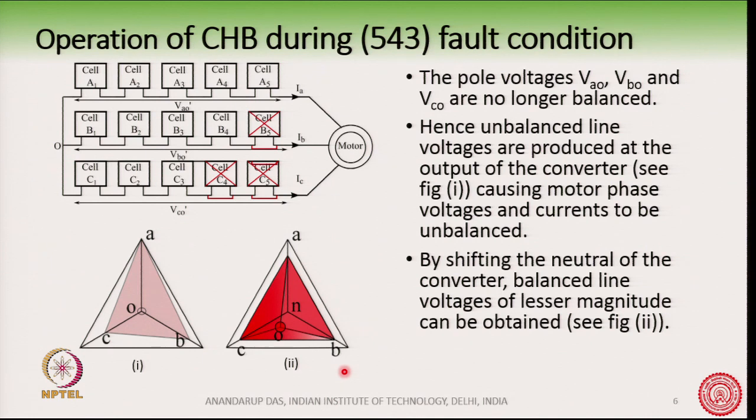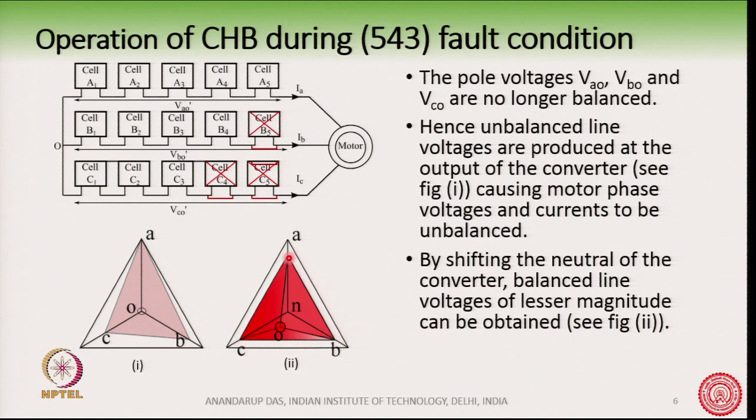If you make those angles different from 120 degrees, then it may be possible again to get back this equilateral triangle. The equilateral triangle corresponds to the balanced line voltages. So, in spite of having unbalanced pole voltages, it is possible to get back balanced line voltages, which is shown by this red colored diagram.